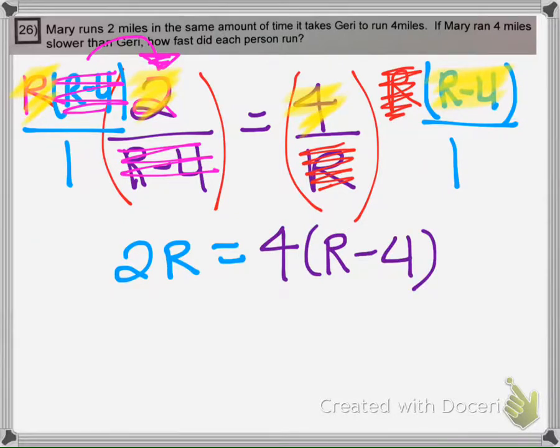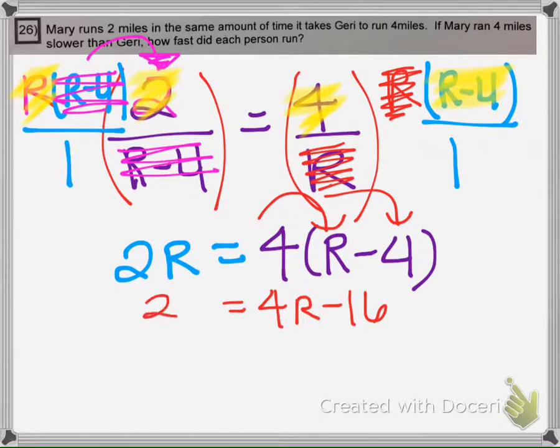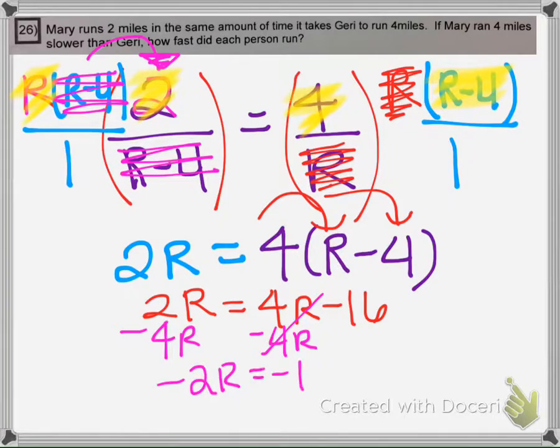So I need to solve this equation. I'm going to distribute right here, then subtract 4R, and then divide by negative 2. And we get R equals 8.